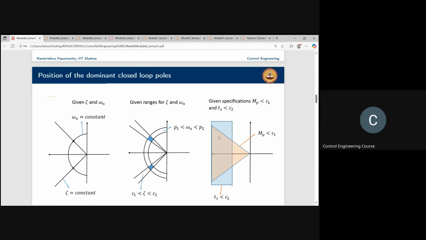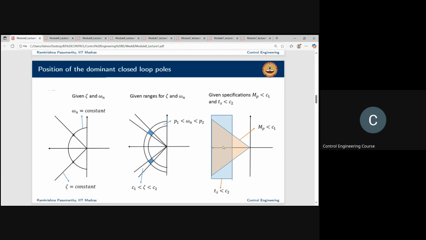One is this infinite triangle, and the other is the rectangle, right? So this trapezium will be the allowable pole location. Got it? So the first step in root locus design is fixing the allowable range of the dominant pole locations. Okay. Is this clear? Yes, sir.